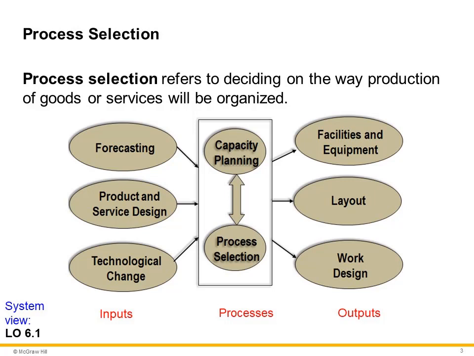Its inputs are forecasting, customer demand, product and service design, and the technology that you have in your business. It collaborates with the capacity planning. It has to know the maximum level of your capacity, and the output is layout. Work design, layout, or design of facility and equipment are the same.